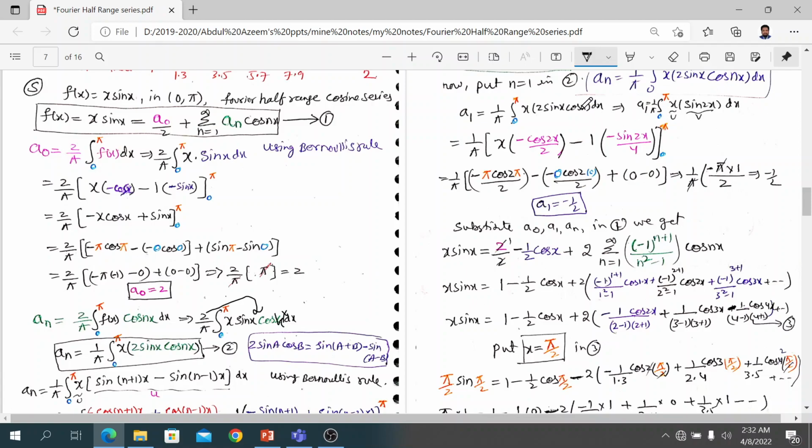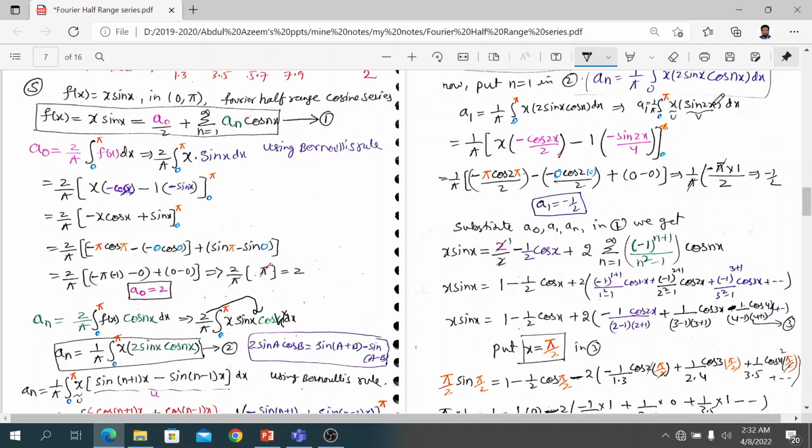Here 2 sin a cos a is the sin 2 theta formula, so sin 2x dx. Now for this it is uv, Bernoulli's rule: x as it is, minus the derivative of x, 1.